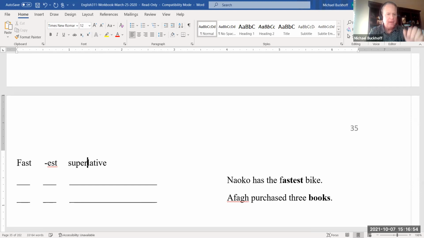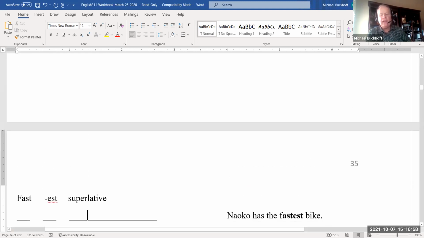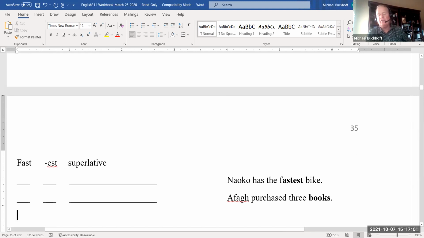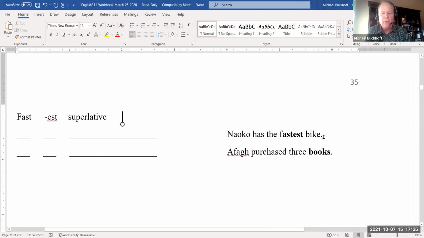Good. Yes. Thank you. So notice when I say Naoko has the fastest bike, that implies we're looking at her bike in relation to 3 or more bicycles. So Naoko has the fastest bike of all the bikes, or Naoko has a faster bike than Hiroshi or Tamahiro or something. I'm using some names from my Japanese students. Okay, let's keep going. So we have that one done.